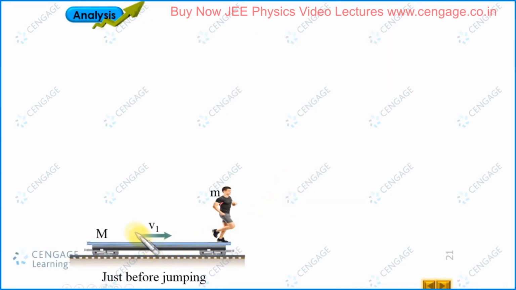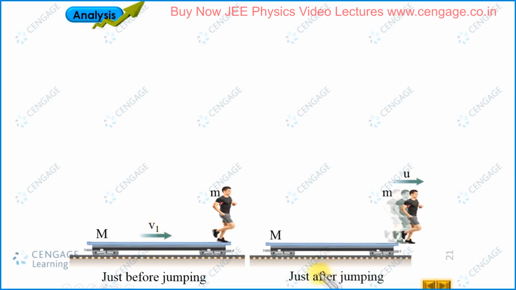So let us draw the situation just before jumping, when the car as well as the man are both moving with the common velocity v1. And this is the situation just after jumping. The man jumps from this end with velocity u with respect to the car. While doing so, the velocity of the railroad car will change.